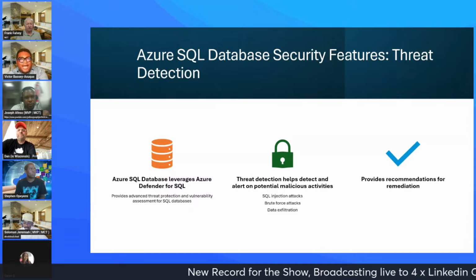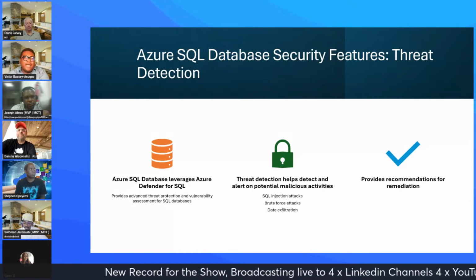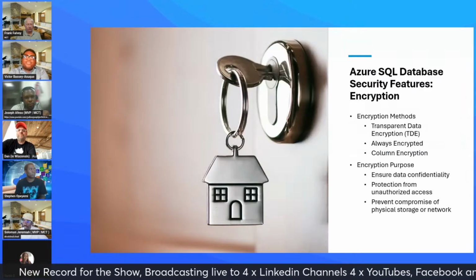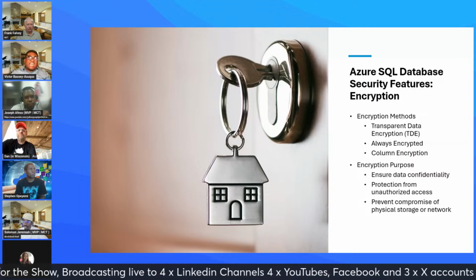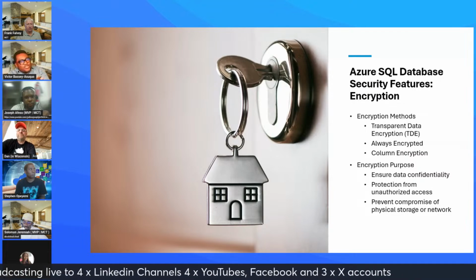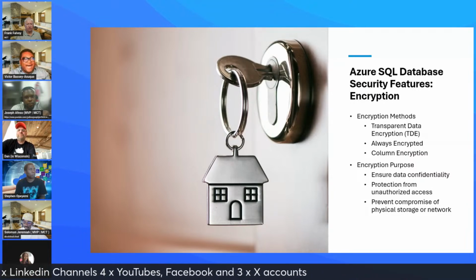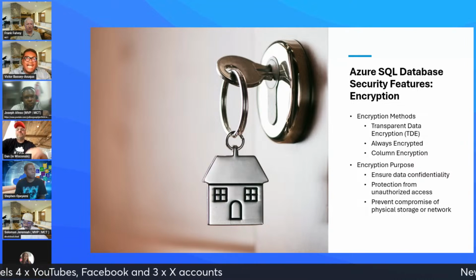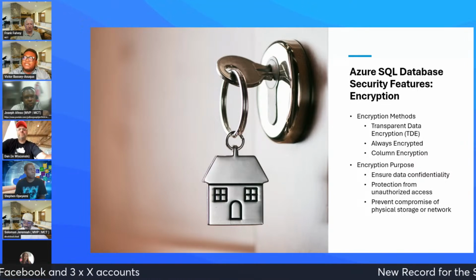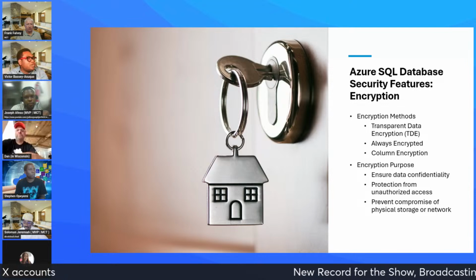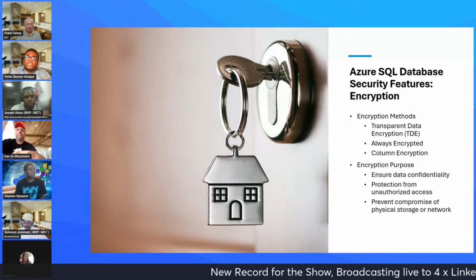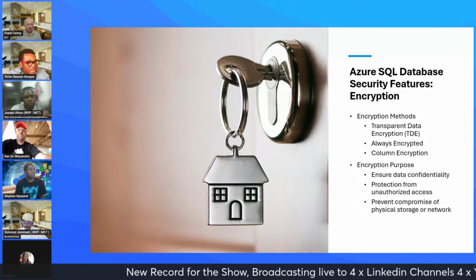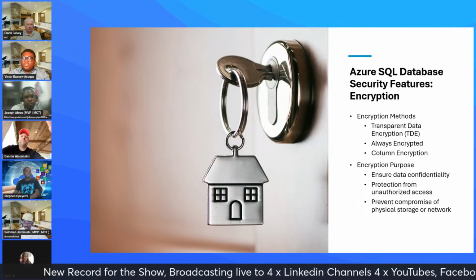Now, beyond having Azure security features by way of threat detection, within Azure itself, we've got what is called encryption. Now, encryption is going to be allowing us to abide by the C in the CIA, that is confidentiality. So there are different kinds of encryption available in Azure SQL database. We've got the transparent data encryption, or TDE.